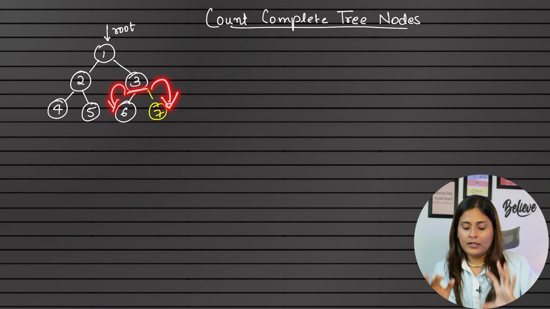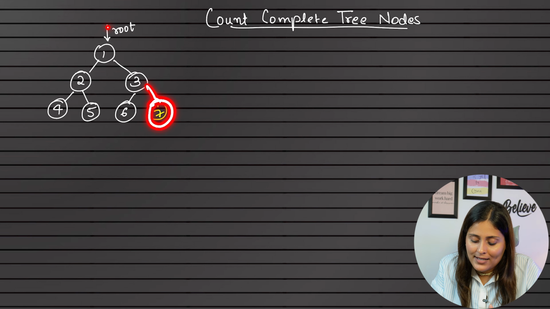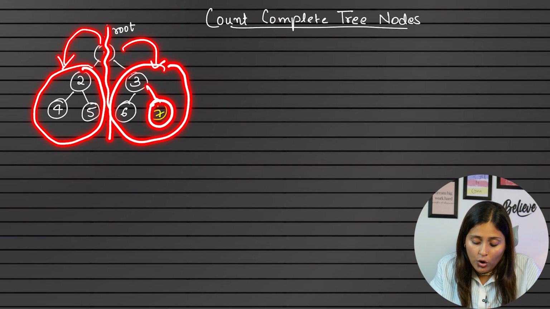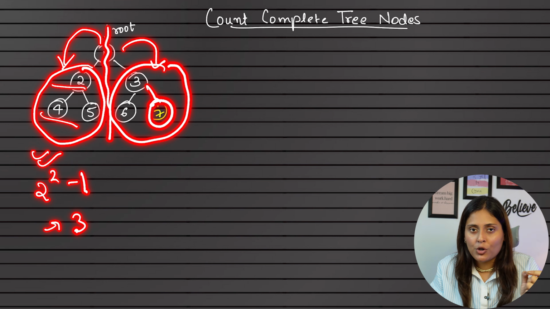Okay. But here, let's say, suppose it had 7. So the task is very simple. Tell your left side to bring your level. Tell your right side to bring your level. So this left side will say my level is 2. So the number of nodes I will have is this. Can I say, which is 3. So the left side will say I have 3 nodes.